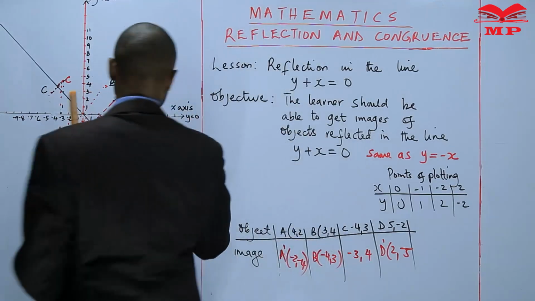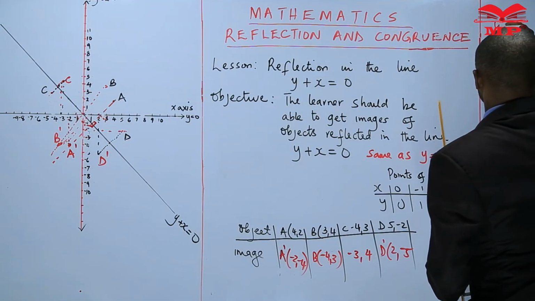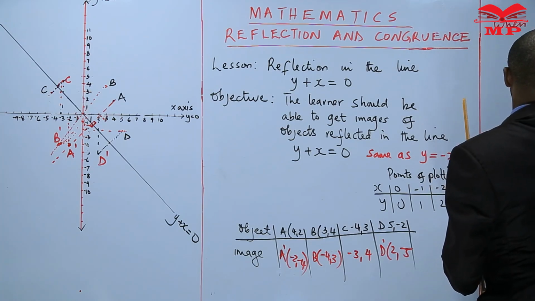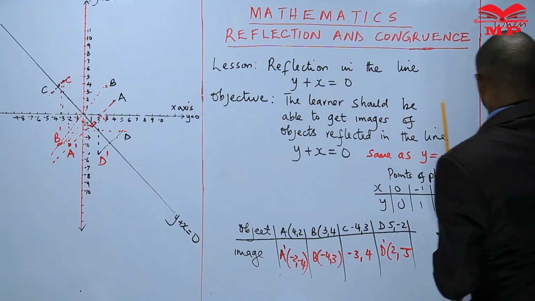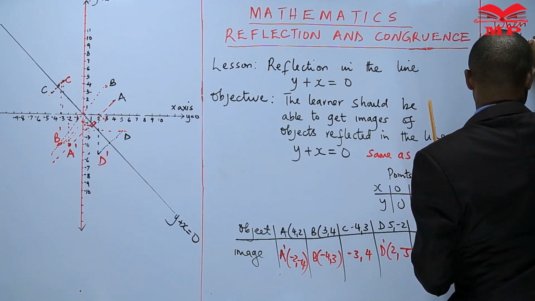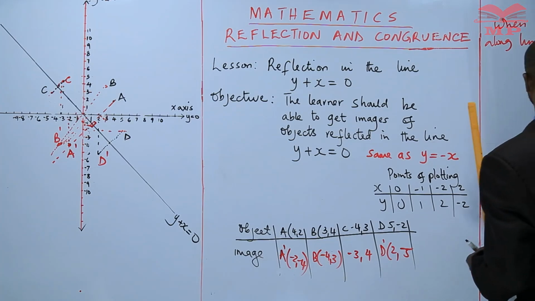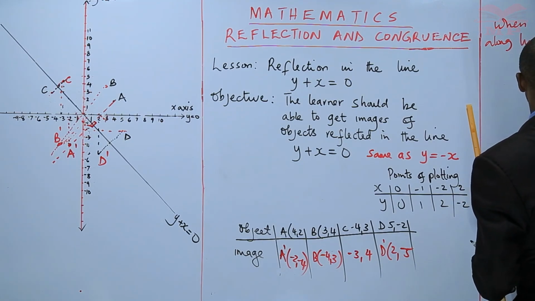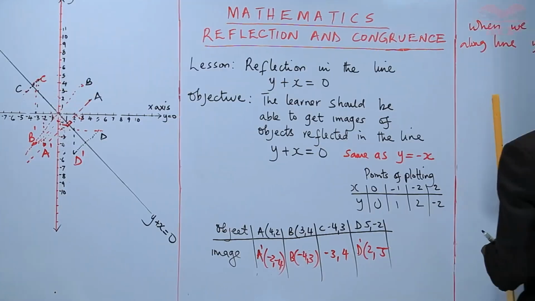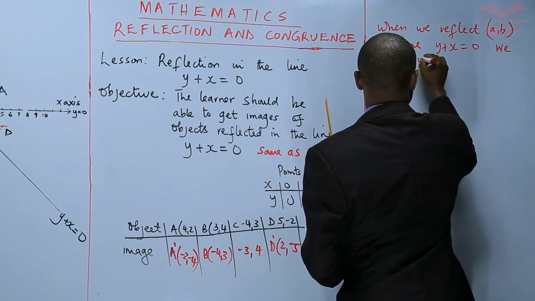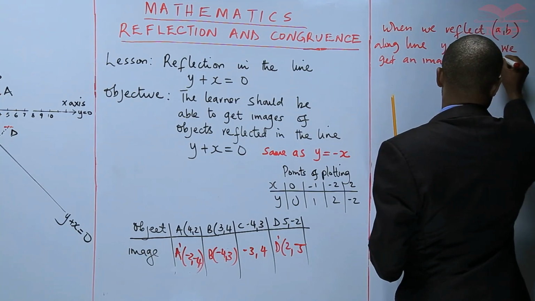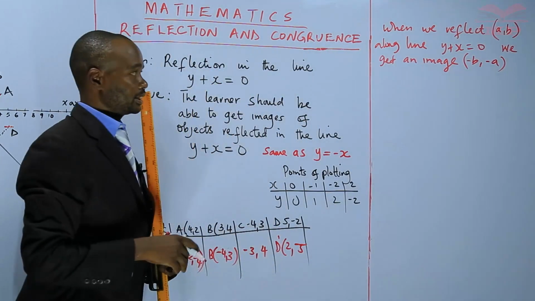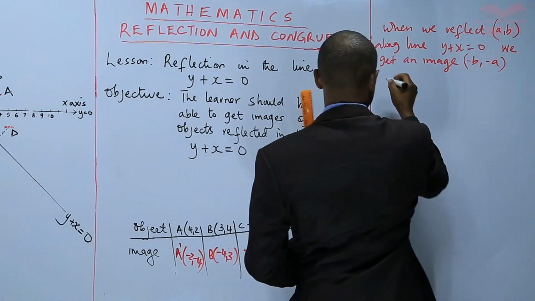So we can easily write and say, when we reflect AB along a line y plus x is equal to 0, we get an image negative B, negative A. What does that tell you? The coordinates interchange and change the sign.